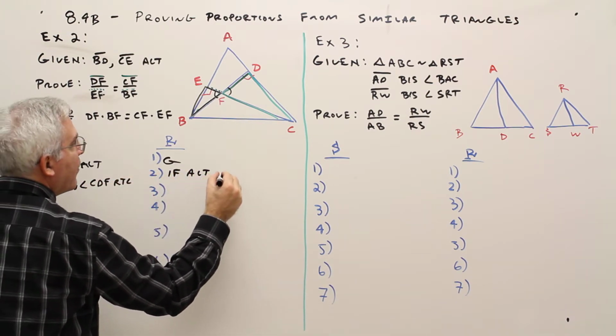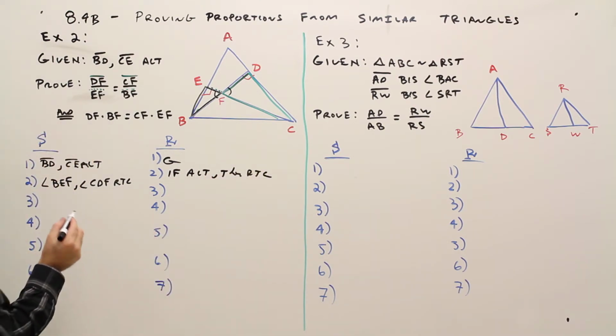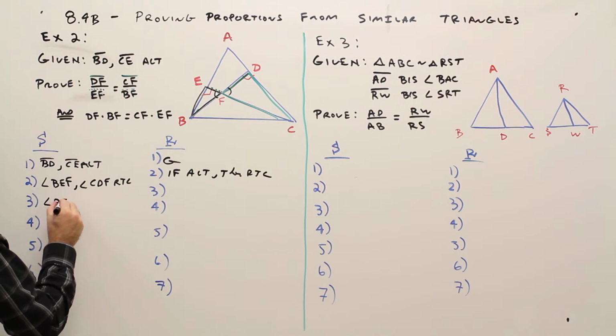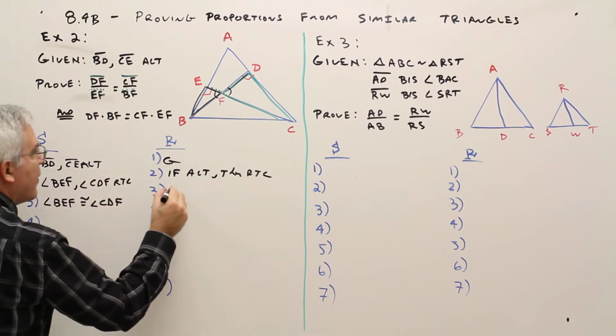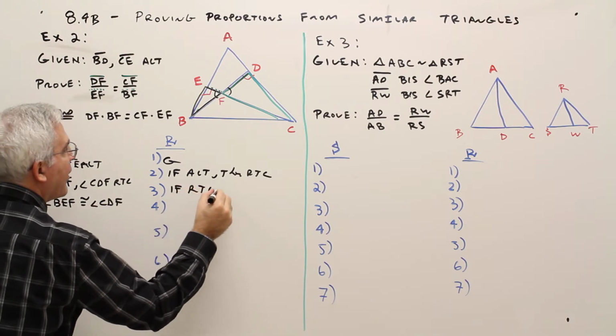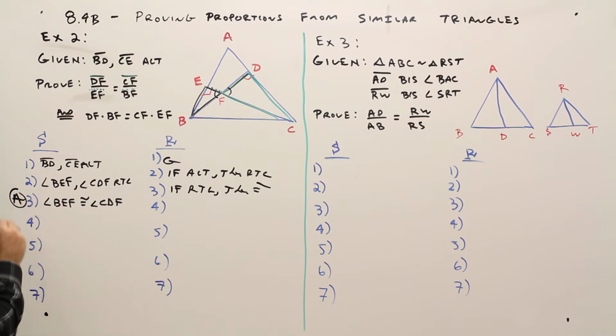If altitude, then right angle. And then if right angles, then congruent. Angle BEF is congruent to angle CDF. If right angle, then congruent. That's one of my angles.